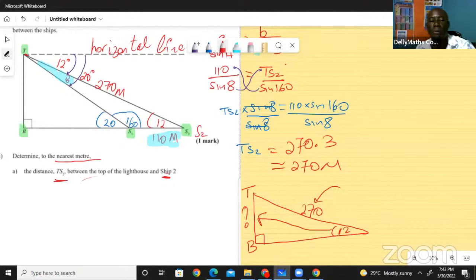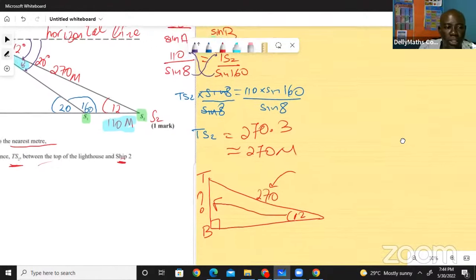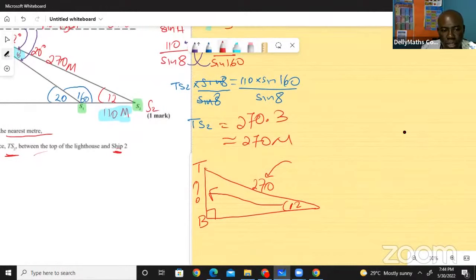So the sine of 12 degrees is equal to the opposite side, which is the TB that I want to find, divided by the 270. And we're done.